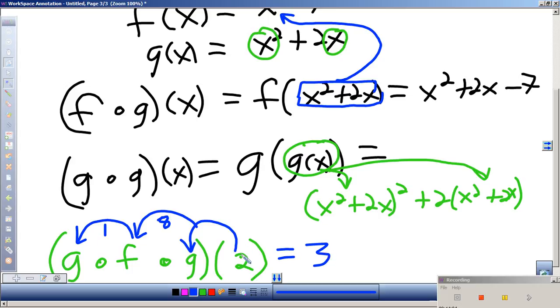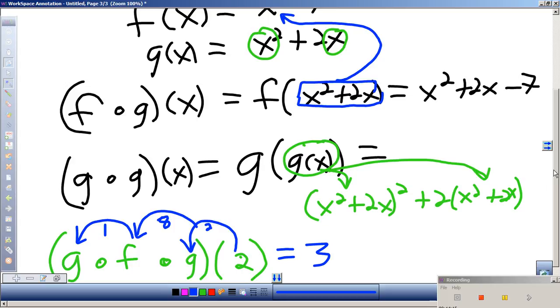We're saying, whatever we have here, we're going to plug into the last function first. So here I'm plugging 2 into g. Then I'm taking the answer I get out of g and plugging it into f, and taking whatever answer I get out of f and plugging it into g again. How do you know what g is?